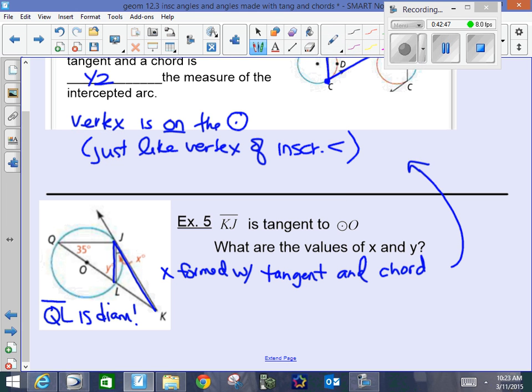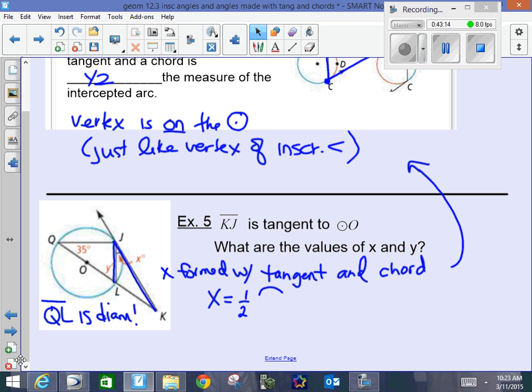So that angle X is half of the intercepted arc. Now, the whole thing about the intercepted arc still applies, even though it's on the outside. We took this and squeezed it. And now we're squeezing this together. This is the arc that would be collapsed, right?